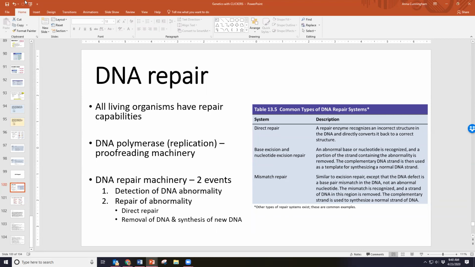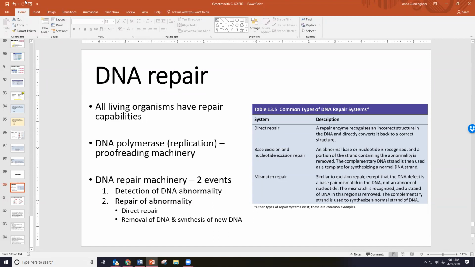If it ends up adding an incorrect nucleotide, it can detect that and replace it. That's just the proofreading machinery of DNA polymerase. But you also have specific systems in every cell that are directly related to DNA repair.